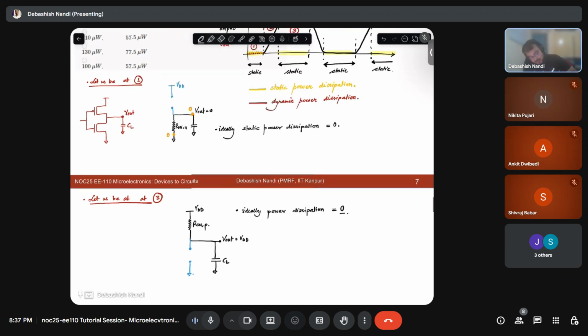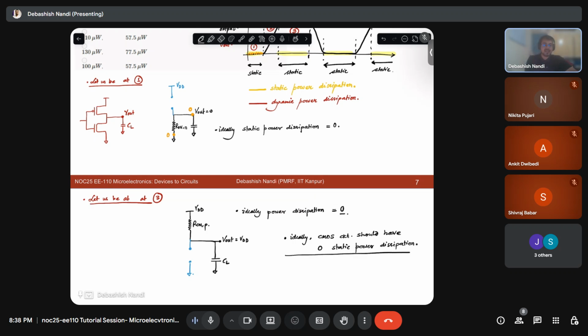So what we have seen is that ideally CMOS circuits should have 0 static power dissipation. That means if you have your mobile phone at an idle state, not using it, you will have no power dissipation, and your battery will hold its value.